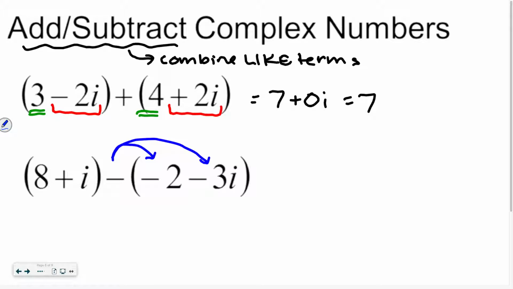I recommend, for me personally, I'm going to get most accurate answers if I distribute my negative right away. So when I distribute my negative, that means I'm changing it into addition. So this is really plus, and then change the signs of both numbers, 2i plus 3i. And then I could do what I just did, right? Combine like terms. 8 plus 2 is 10. 1i plus 3i is 4i.